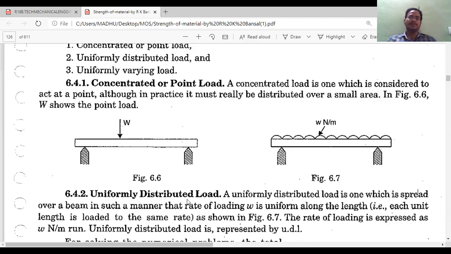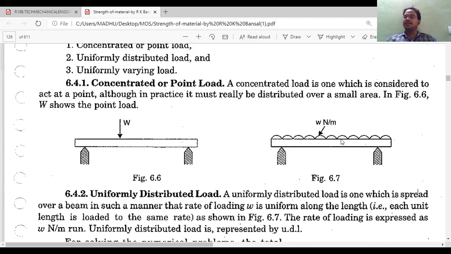Uniformly distributed load, famously we call it UDL, and it is shown in this figure 6.7. You have two supports, a beam, and so many newtons per meter.